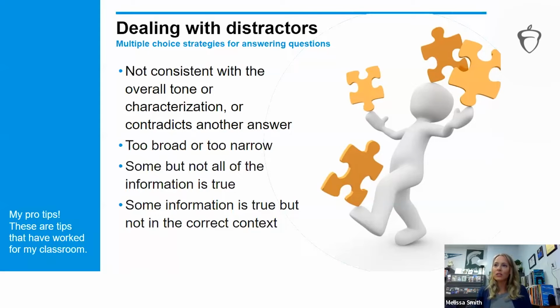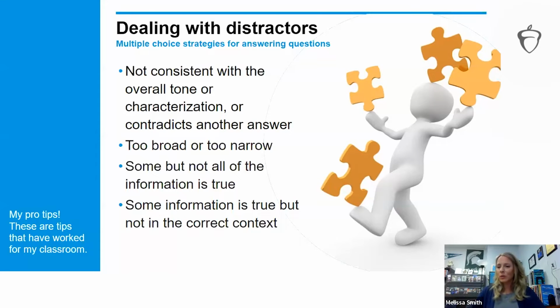So I try to make my students aware of possible perceived distractors in the answer choices. Something's going to be iffy with the answer that makes it not the best option. For example, it might not be consistent with the rest of the passage in some way or form. It might be too broad or too narrow.